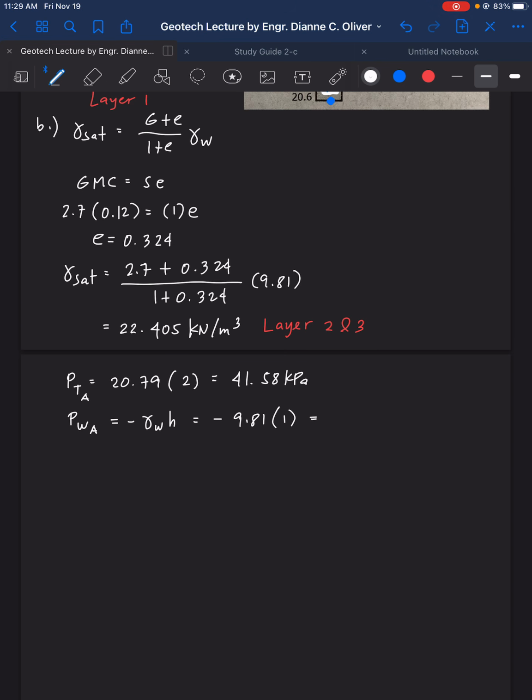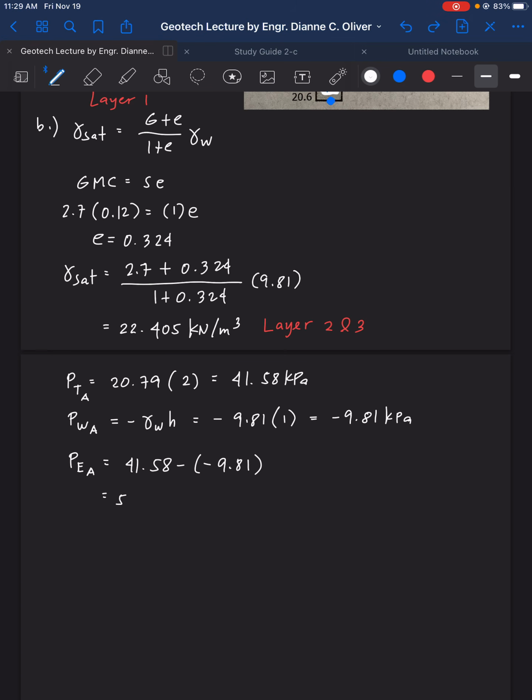So P water at point A is negative 9.81 kilopascal. Therefore, P effective now at point A is equal to P total 41.58 minus negative 9.81.